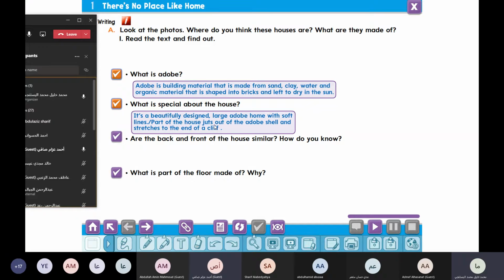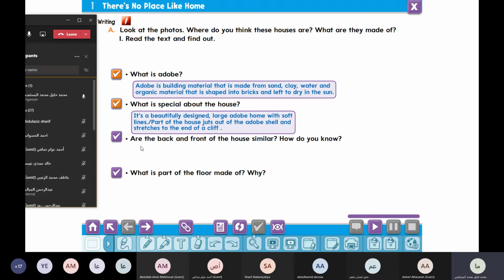Read the answer again, Ahmed Azzam. Good, thank you. Juts out means shown, part of the house is shown out of the Adobe, not in the same level.